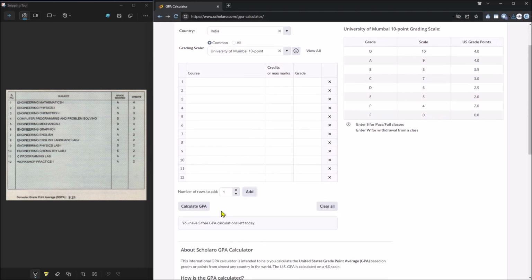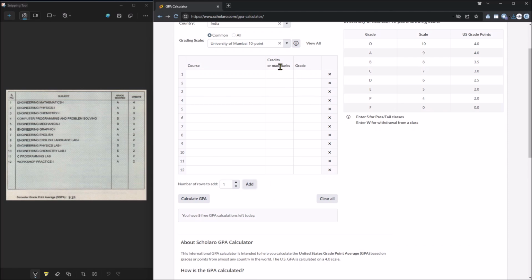So this is 12, and here it's mentioning credits or maximum marks. So enter 4, grade is A, then there is 3, 3, 3, 4, 4, 2, 2, 2, 2, 2 and 2.